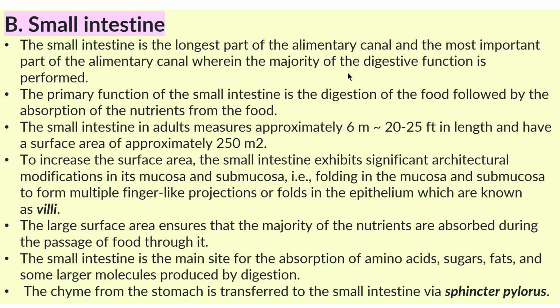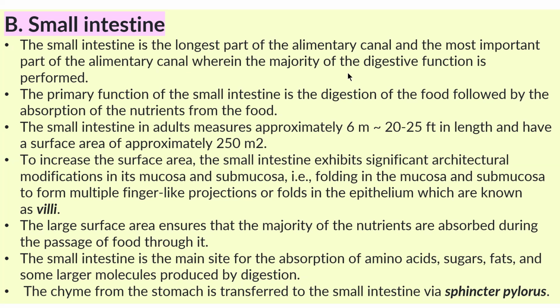To increase the surface area, the small intestine has a significant modification in its mucosa and submucosa layer, which is folding to form multiple finger-like projections, or folds in the epithelium, known as villi. The large surface area ensures that the majority of the nutrients are absorbed during the passage of food with the help of villi.